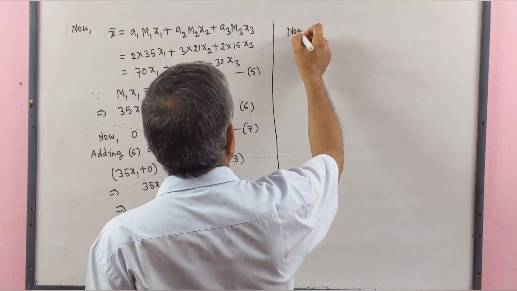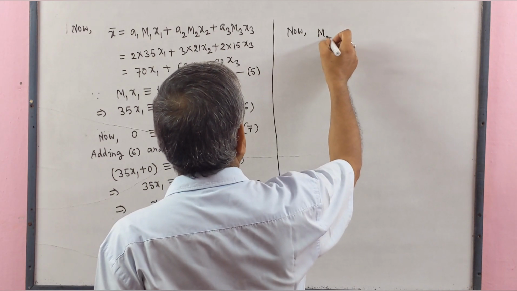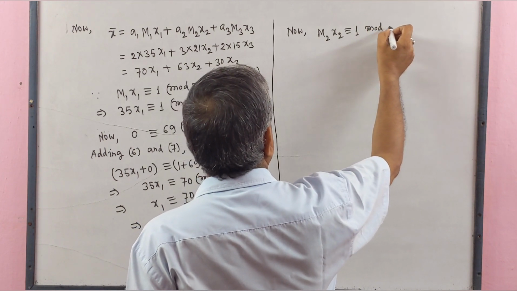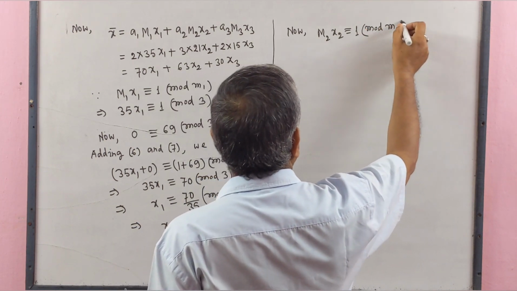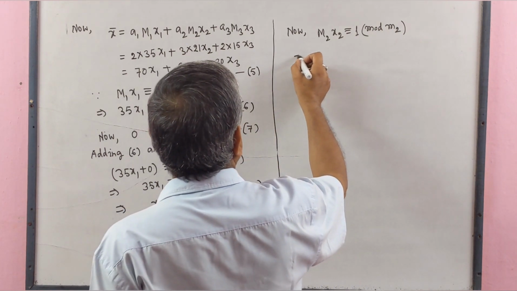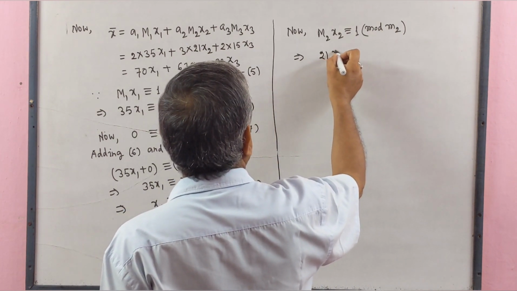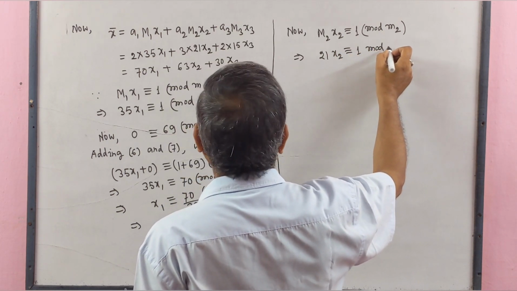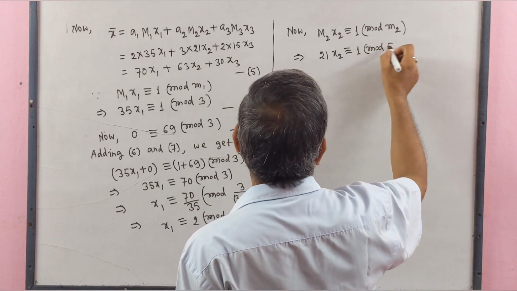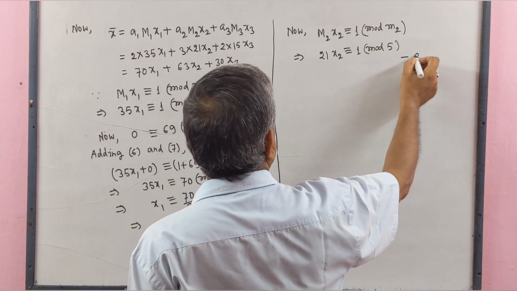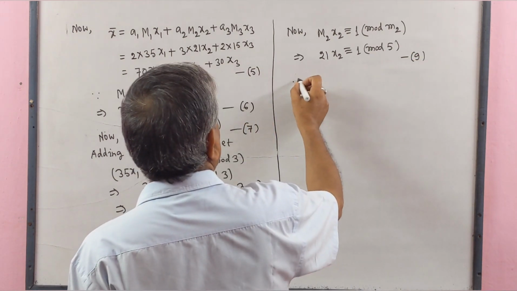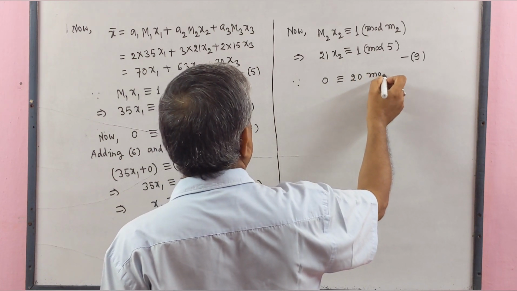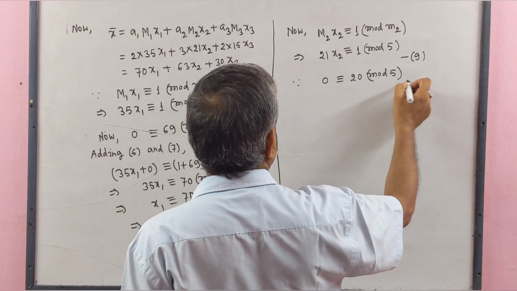Now capital M2 x2 is congruent to 1 modulo small m2. Capital M2 is 21, x2 is congruent to 1 modulo m2 is 5. Let this be number 9. Since 0 is congruent to 20 modulo 5, this is 10.